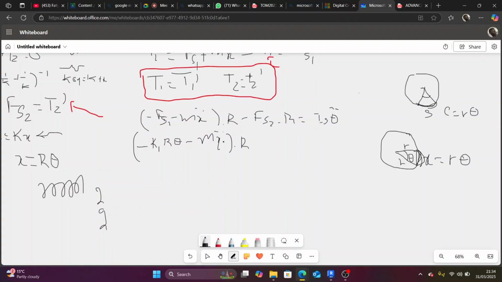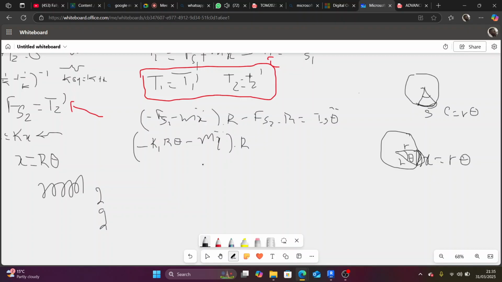Remember, moment is force times perpendicular distance, right? The perpendicular distance that you have will also be the radius that you'll be stretching.